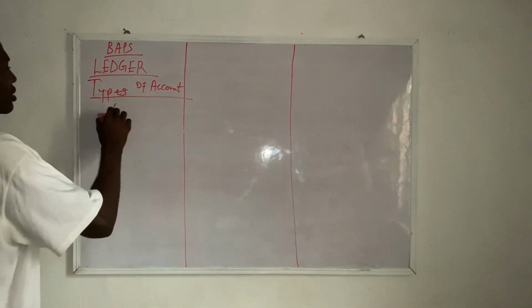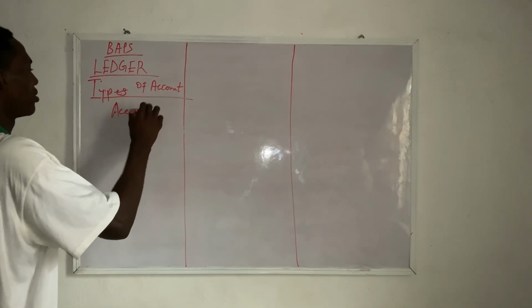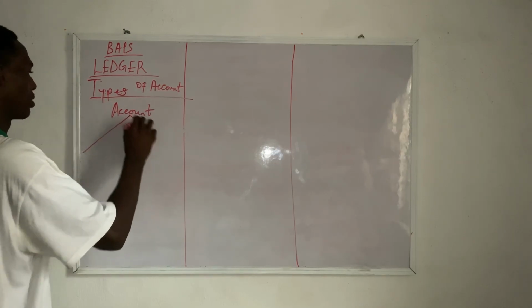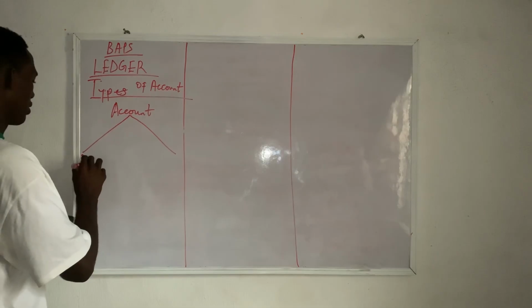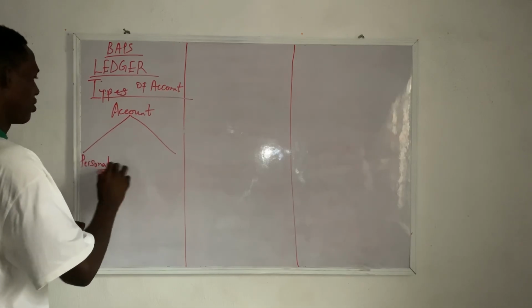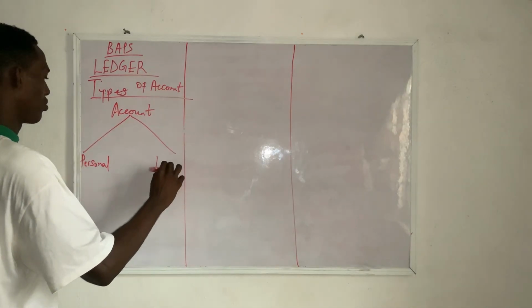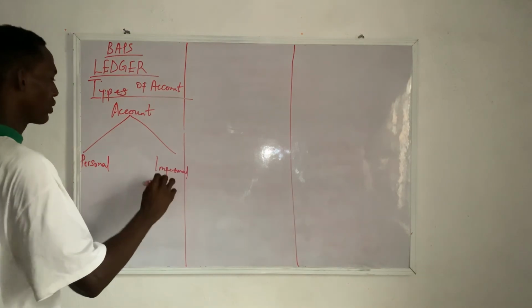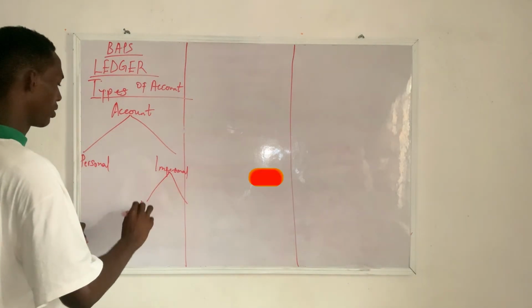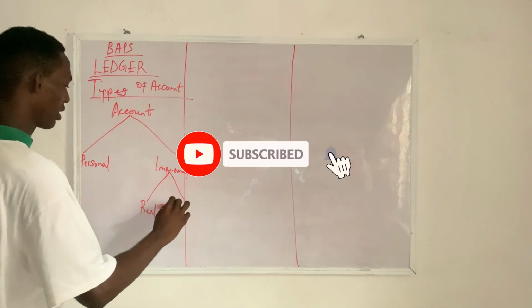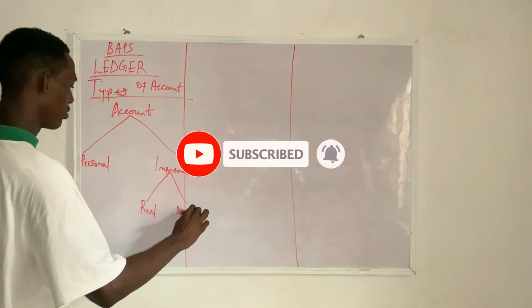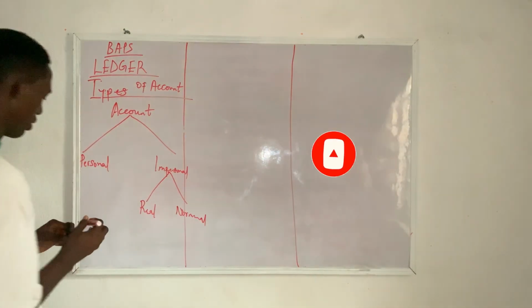But you can also put it this way: we have personal and impersonal account. So this impersonal is divided into what? Real account and nominal account.